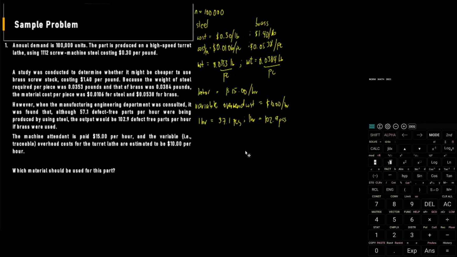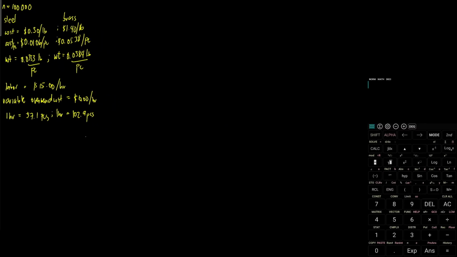So, kunin na natin ito. Para sa steel, i-relate natin na variable cost per piece. Yung kukunin natin for steel, variable cost is equal dun sa material na 0.0106 dollars per piece.